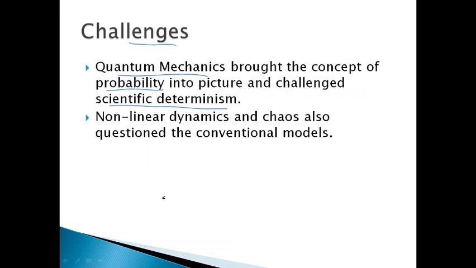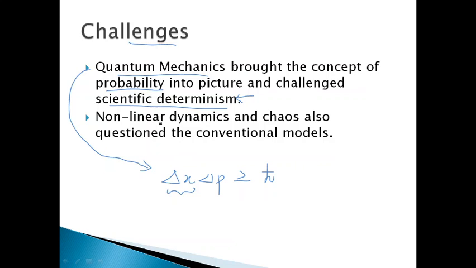Maybe you are aware of Heisenberg's uncertainty principle: delta x into delta p is greater than or equal to h cut or h cut by 2 pi. This itself implies such uncertainty, right? When we come into quantum mechanics, we have several laws like this, which go against the concept of scientific determinism. Everything cannot be determined accurately.